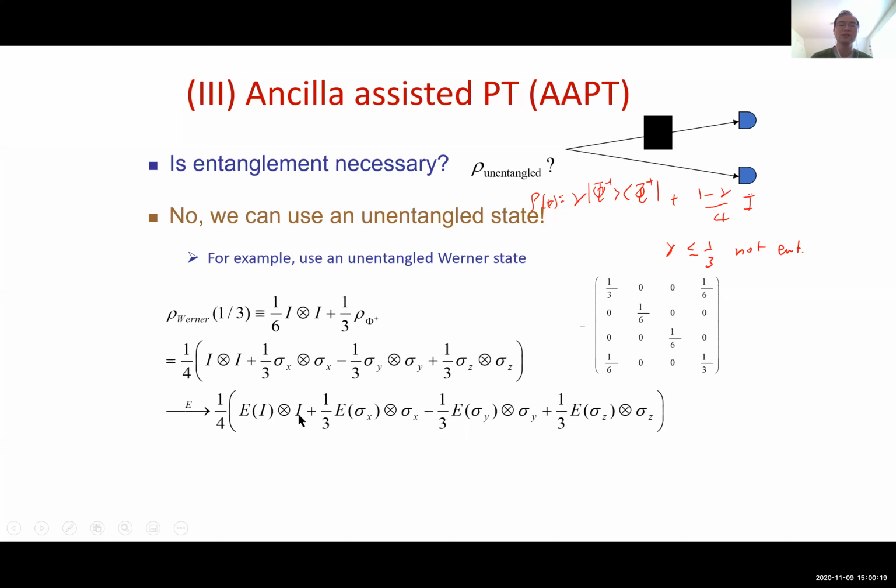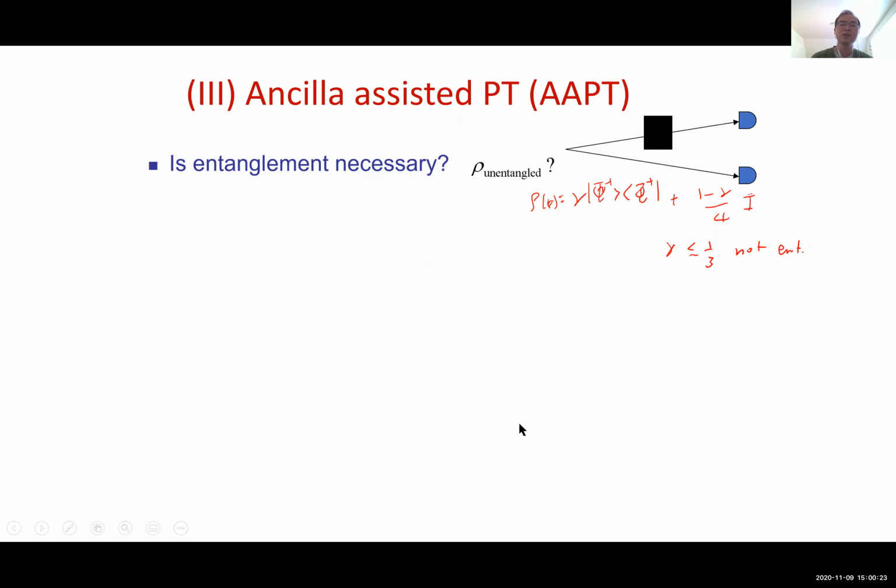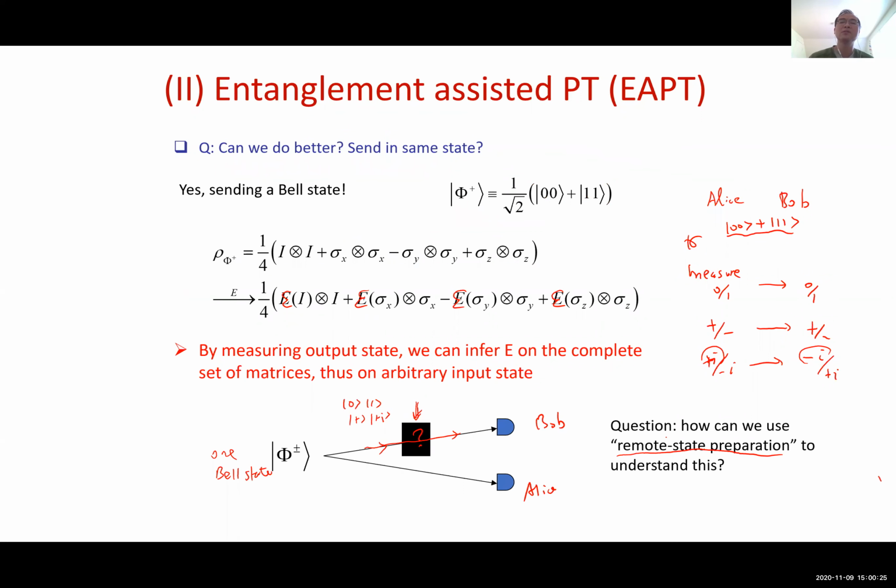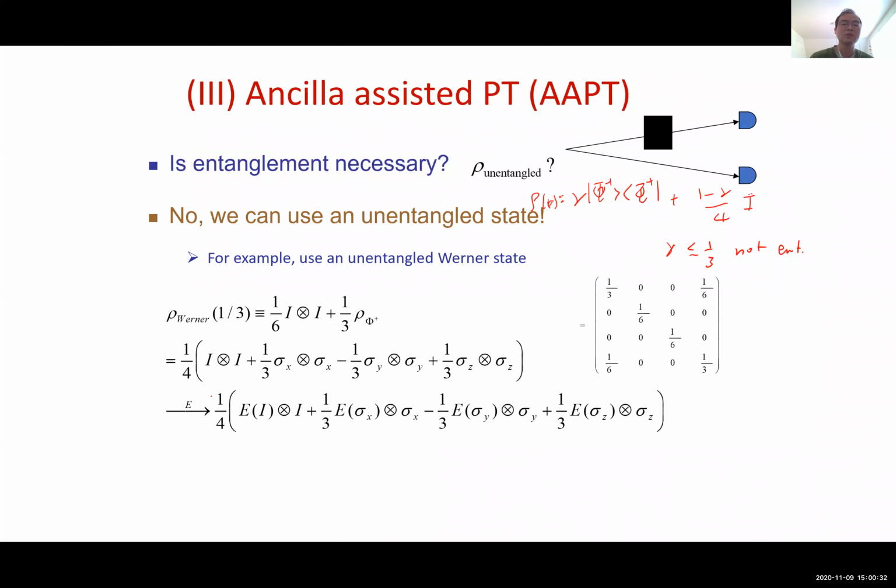But you see that this number is smaller than in the case of the Bell state, right? This is overall 1/4, but the coefficient is 1 here. It's overall 1/4, but there's a smaller 1/3 here. So in some sense, this part is overall white noise, and due to this it has a bigger ratio than the other three.